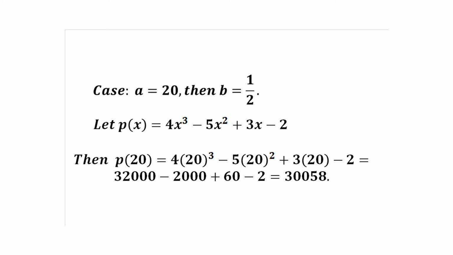So 20 cubed is 8,000, so 4 times 8,000, that's 32,000, minus 5 times 400, that's minus 2,000, plus 60 minus 2, and this is relatively simple. 32,000 minus 2,000, that's 30,000, plus 60 minus 2 is 58, so we got 30,058.